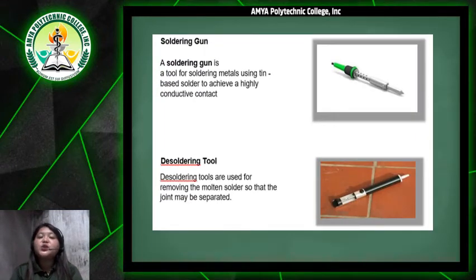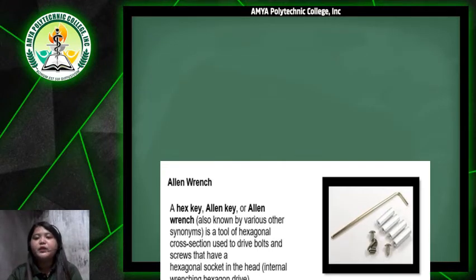Next we have the soldering gun. A soldering gun is a tool for soldering metals using tin-based solder to achieve a highly conductive contact. And then we also have the desoldering tool. Desoldering tools are used for removing the molten solder so that the joint may be separated.